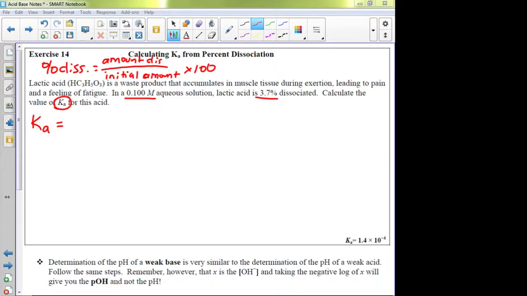Yeah. So I have lactic acid, which is HC3H5O3, and I know that's going to dissociate into H positive plus C3H5O3 negative. So can I figure out what my Ka expression should look like? Yes.